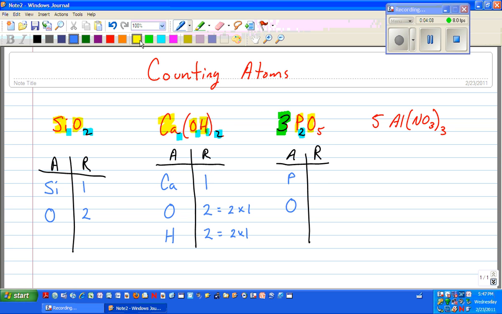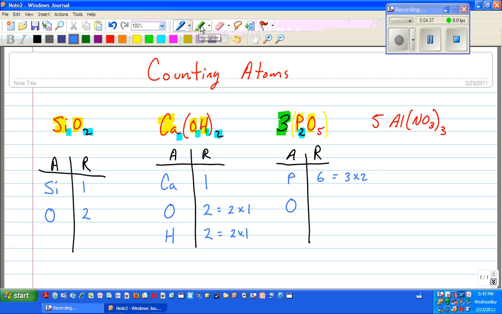We could think of this as having parentheses around it, and again that 3 is going to get distributed amongst everything inside the parentheses. So this 3 is going to count for this entire compound. So when I'm counting my phosphorus, I'd have 3 times that subscript of 2, which would give me a grand total of 6 phosphorus atoms.